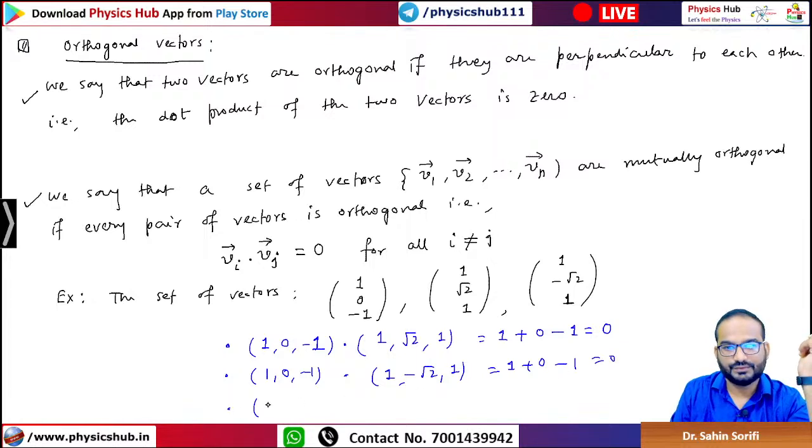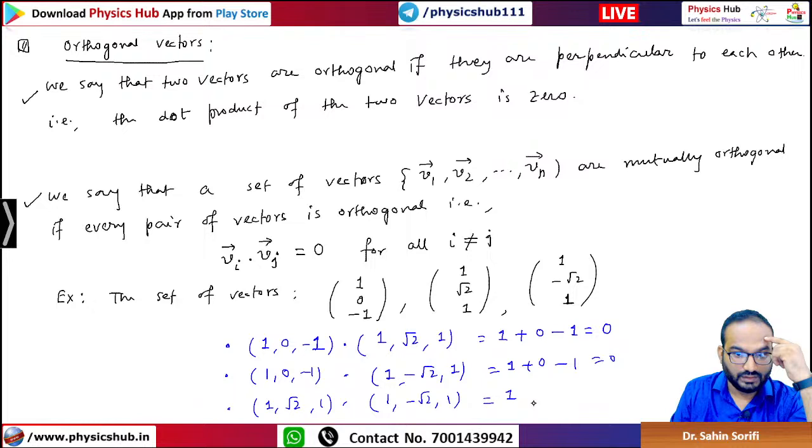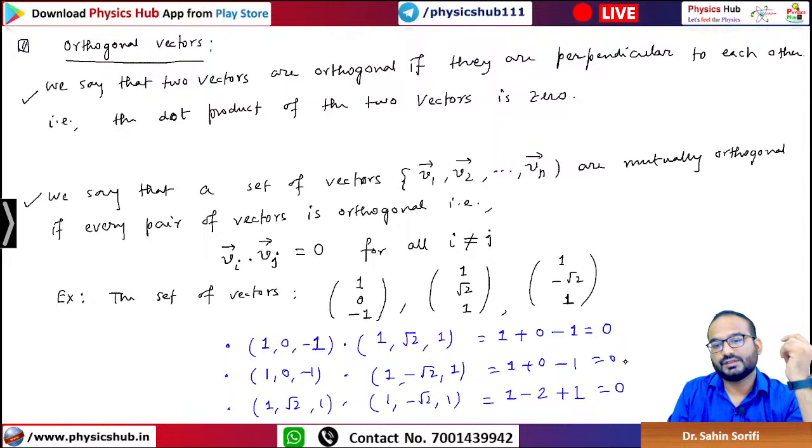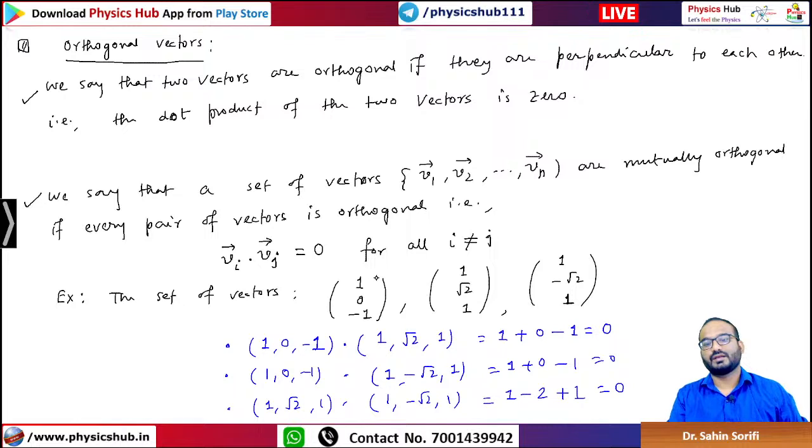And if you take the dot product of 1, root 2, 1 with 1, minus root 2, 1, then it is 1 minus 2 plus 1. So again it is 0. So you see, you take any pair and take the dot product, it will give you 0.